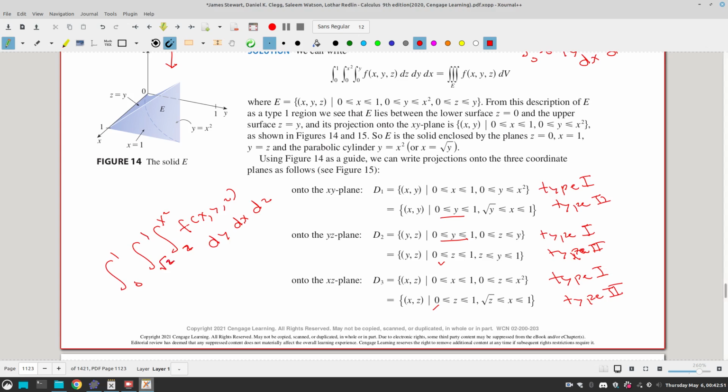This region is one region that we could select.